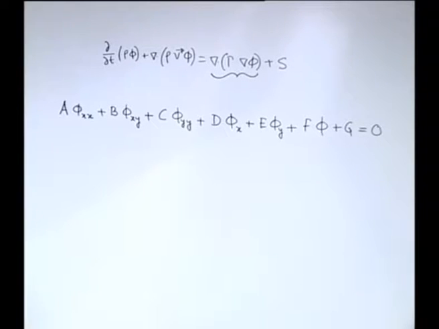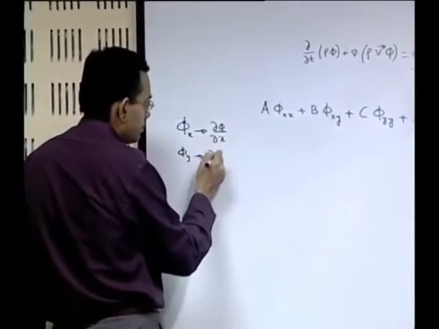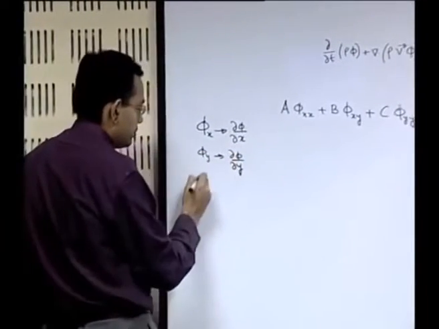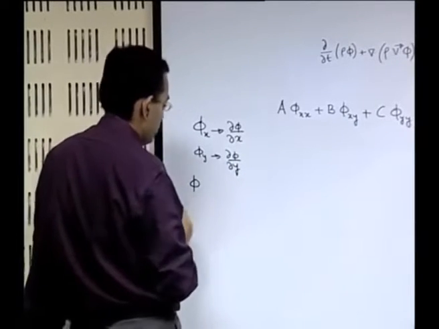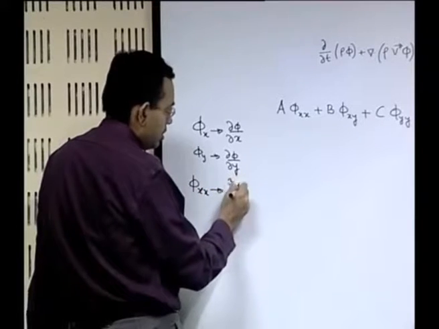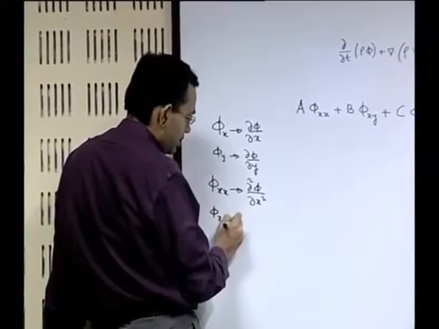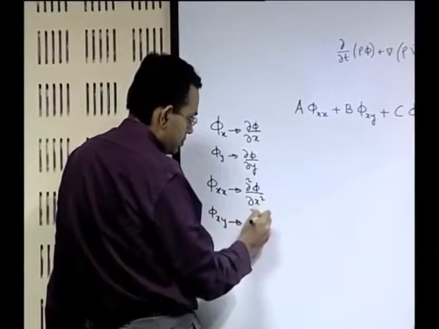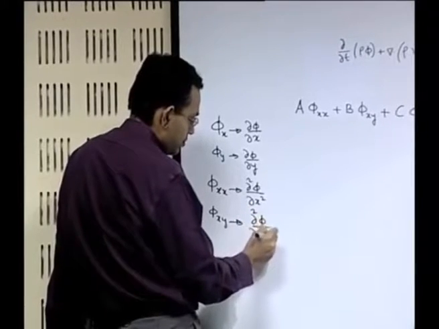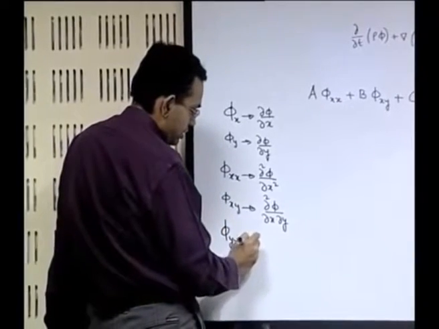Where the notations are like this: phi x means del phi del x, phi y means del phi del y, phi x x means del square phi del x square, phi x y means the mixed second derivative, and phi y y means this.